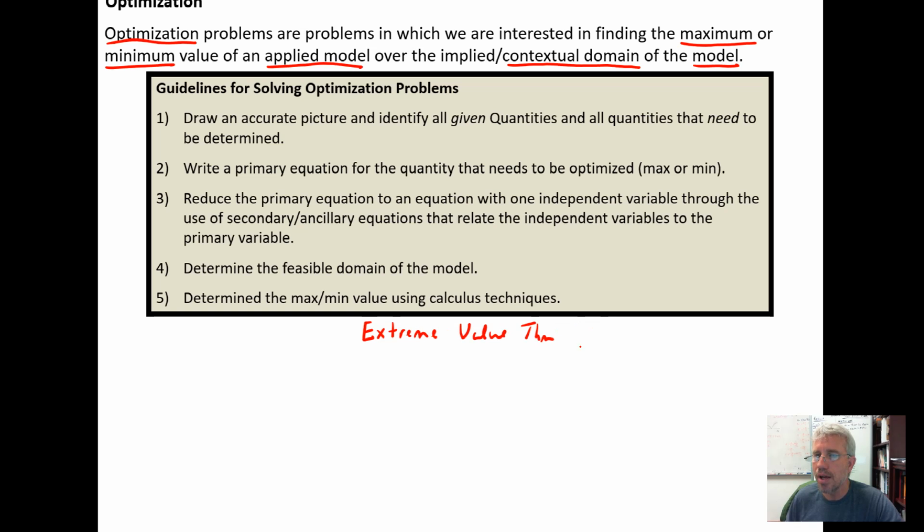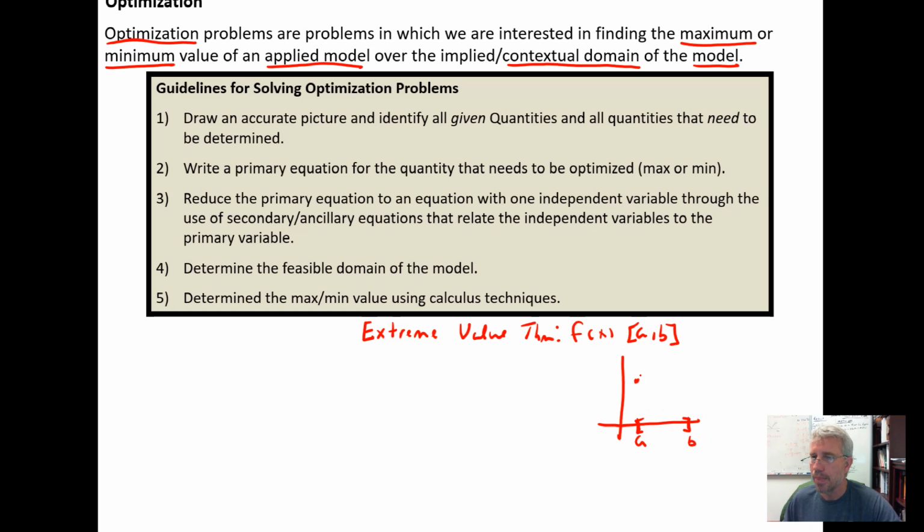And the extreme value theorem simply said, hey, if you have a function and it is continuous over a closed domain, so if I draw the picture of a function, give a closed domain, say from A to B, so we're working on the x-axis here.